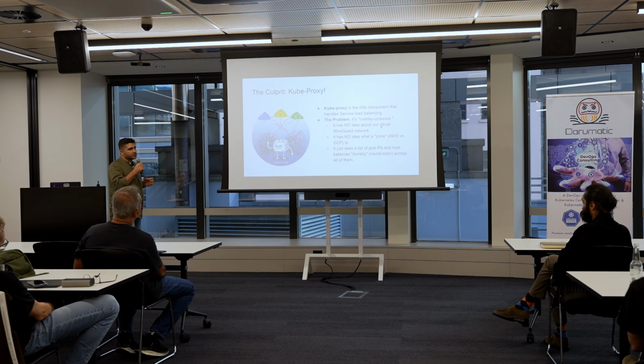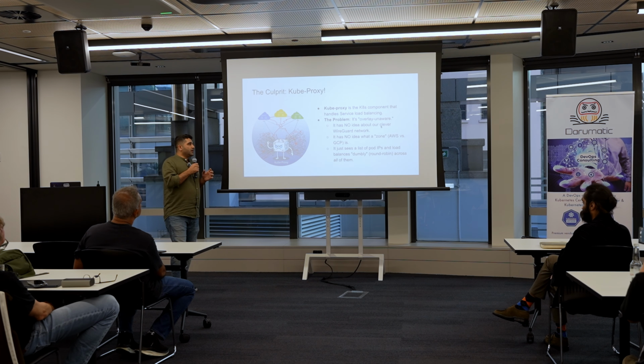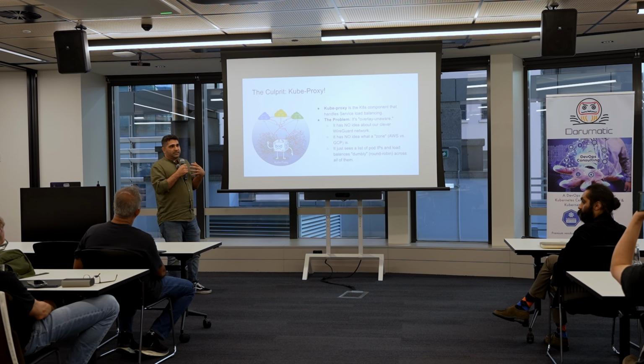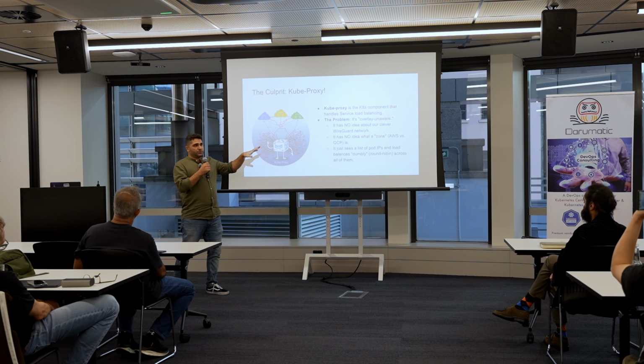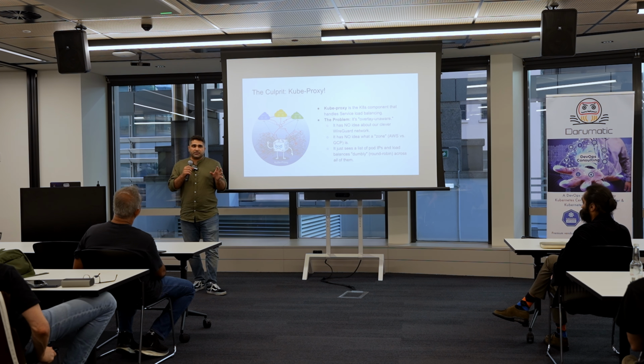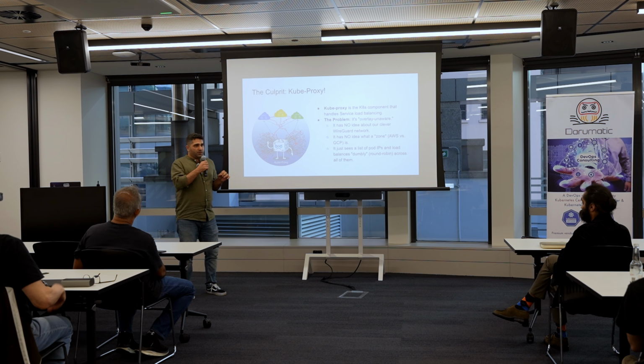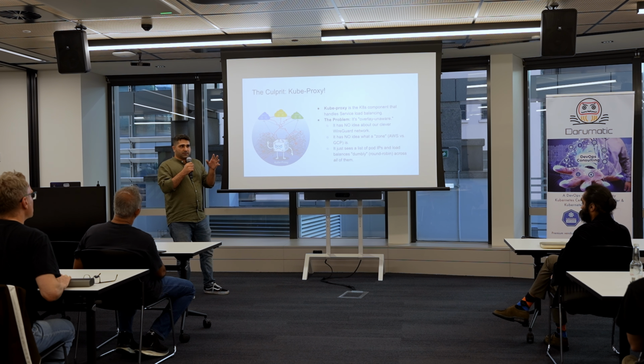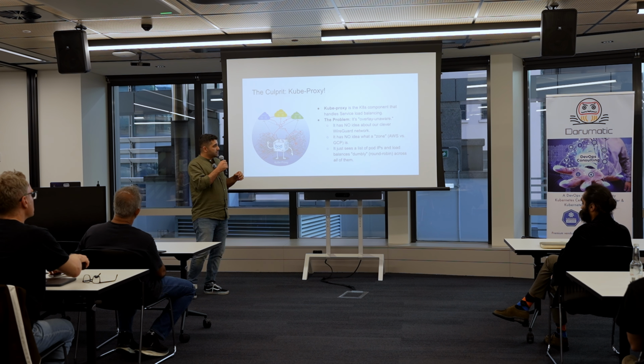So the issue was kube-proxy, because kube-proxy was not matched with CNI. At that point, I was using Flannel. Flannel is a very common and easy-to-set-up CNI for Kubernetes, which means a container network interface.